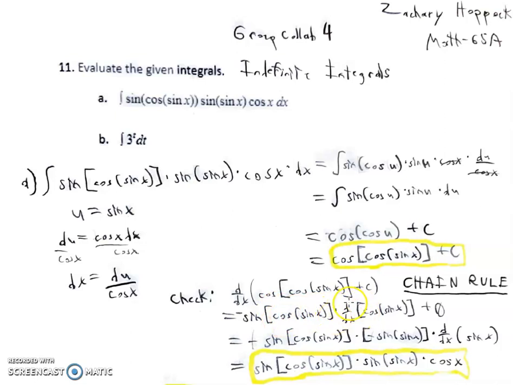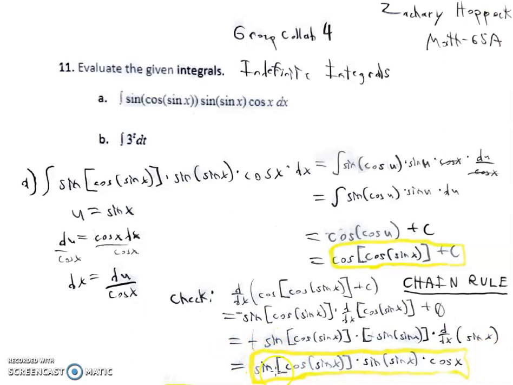Then you take the derivative of that function, cosine of sine x, which means you have to do another chain rule, giving you negative sine of sine x times the derivative of sine x. Also, I forgot to mention, when you take the derivative of the constant c, it becomes 0. And therefore, in the next step, you have two negatives multiplying each other, so you can cancel them out and everything becomes positive.